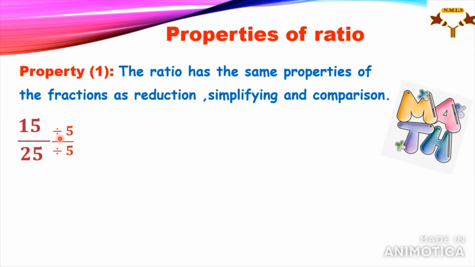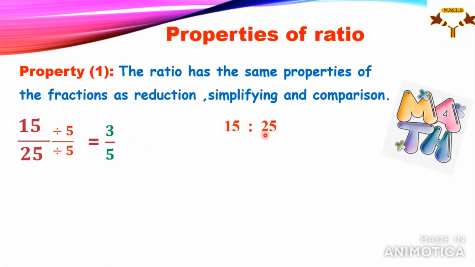So I can simplify, as we studied before, the fraction 15 over 25. Both of the numbers are divisible by 5, so I will divide both of the numbers by 5. 15 divided by 5 is 3, 25 divided by 5 is 5. So 3 over 5 is in its simplest form.